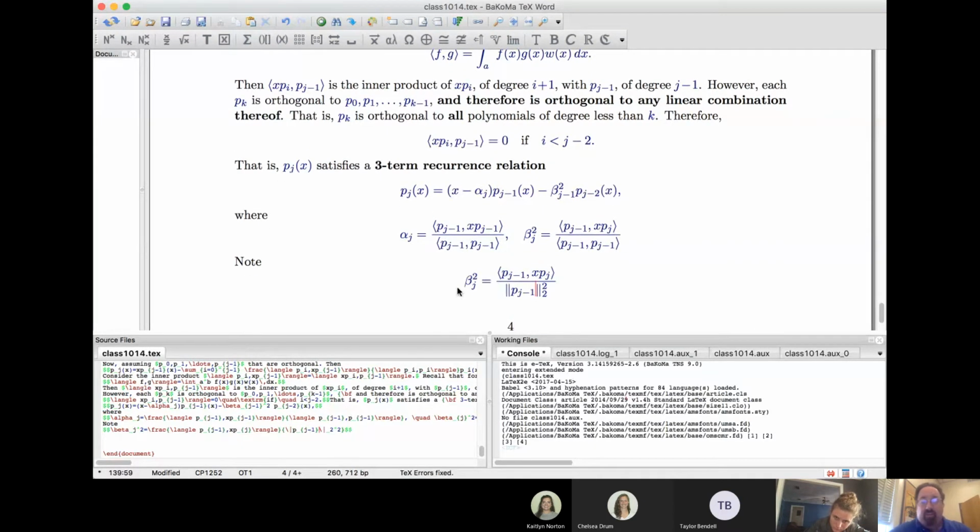Okay. So it's easier to see that this is definitely something that's positive, because a norm is never 0 unless the thing you're taking a norm of is 0, which this is certainly not. Okay, what about the numerator though? So I'm going to take the x and move it over here. Now, this part, x pj minus 1, what's the degree of that?